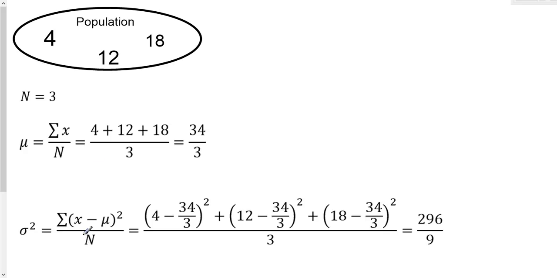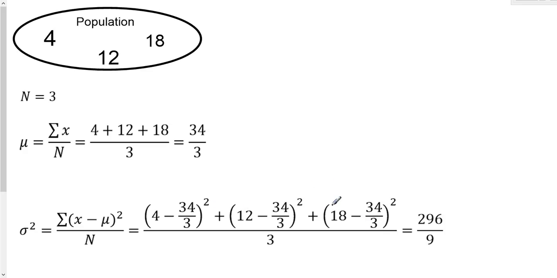All right. I can also calculate the variance, sorry, not the standard deviation. The variance is a measure of spread, a measure of variation. It tells you how far apart the individual values are on average. To find the variance, I take each value, 4, 12, and 18, and subtract mu, which is 34 over 3, from each one.